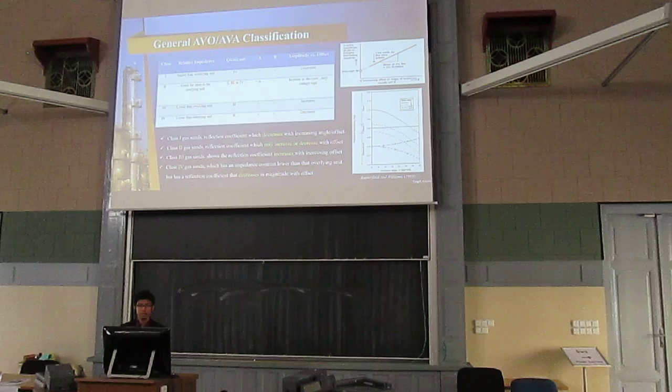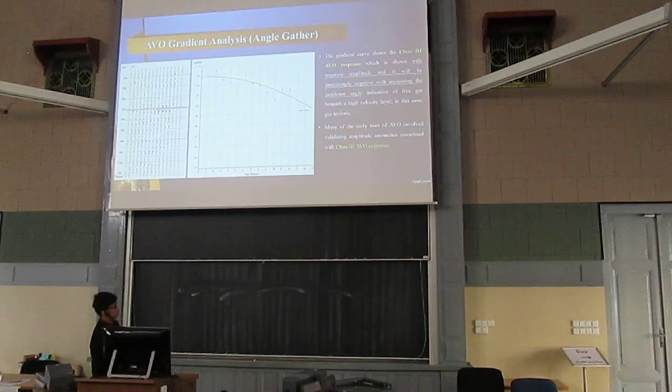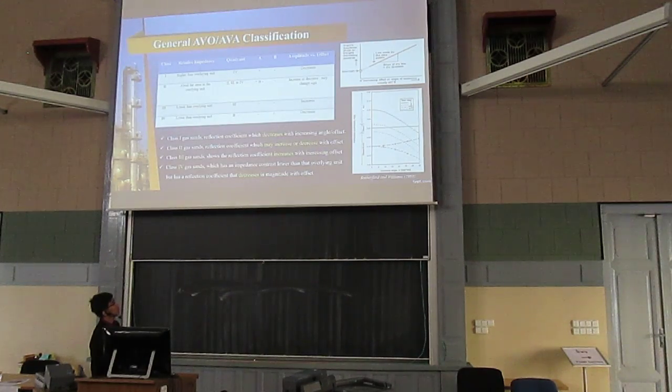And this is the theory about the general AVO classification. As we know, we have 4 classes for the AVO classification. Class 1 is characterized by positive amplitude that decreases with the offset.